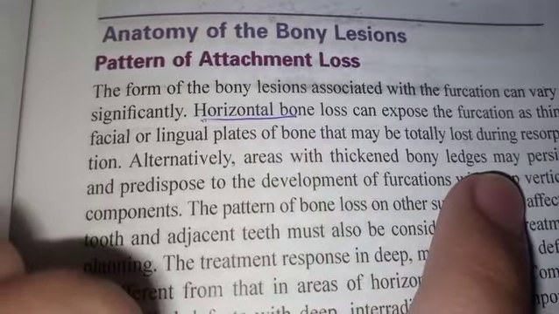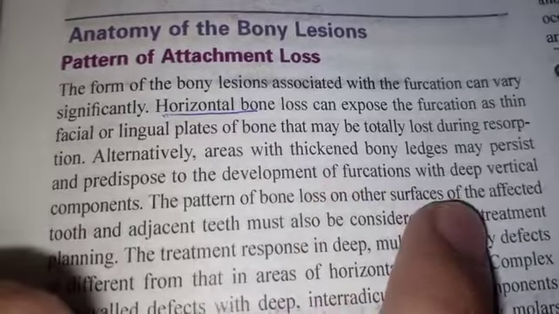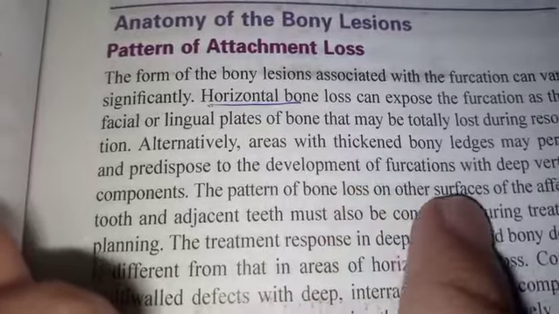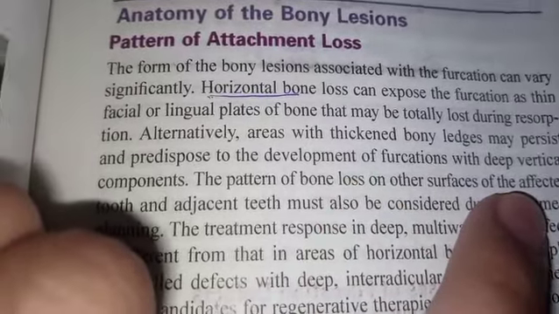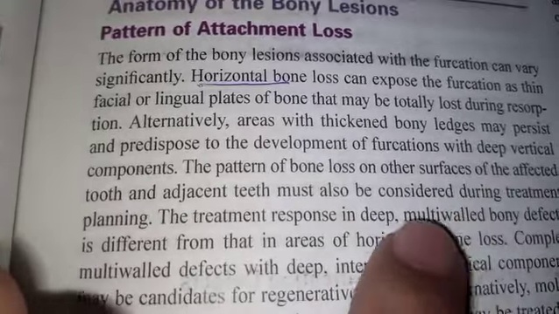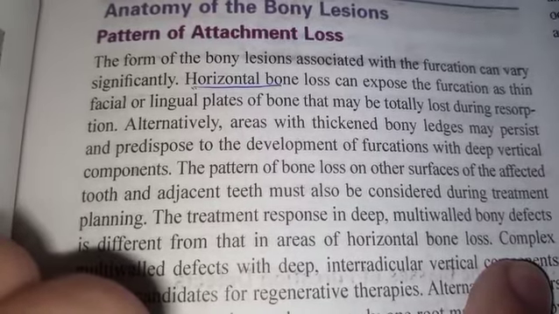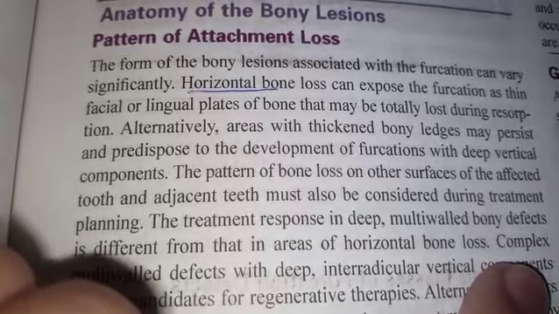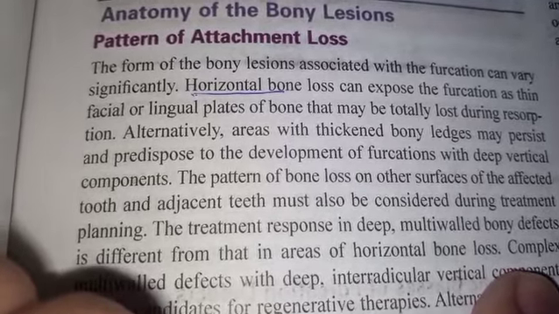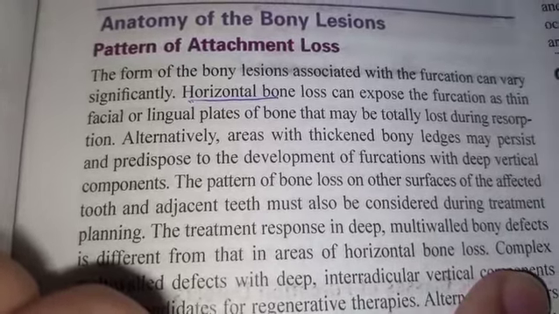They can also be totally lost during resorption, but areas with thick bony ridges may persist and predispose to development of furcation with deep vertical components, meaning when there is vertical bone loss. The pattern of bone loss on the other side of the affected tooth and also on the adjacent tooth must be considered. When you are treating the furcation, you have to consider the affected tooth, but also the tooth which is adjacent to it, for treatment purposes.